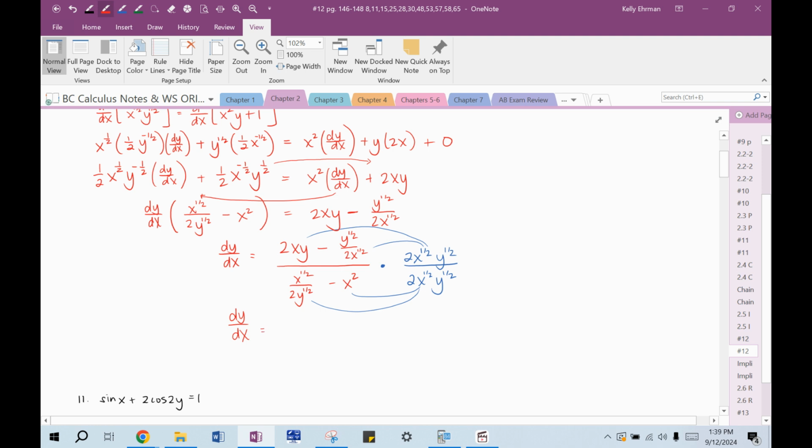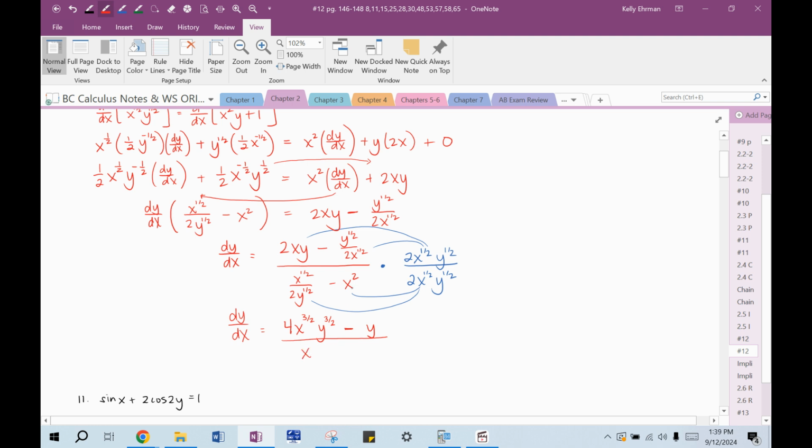All right, so 2xy times 2x to the 1/2, y to the 1/2, that's 4 x to the 3/2, y to the 3/2, minus, so here the 2x to the 1/2 are going to cancel, and we'll have minus y to the 1/2 times y to the 1/2, or just minus y. In the denominator, 2y to the 1/2 and 2y to the 1/2 will cancel, so I'll just have x.